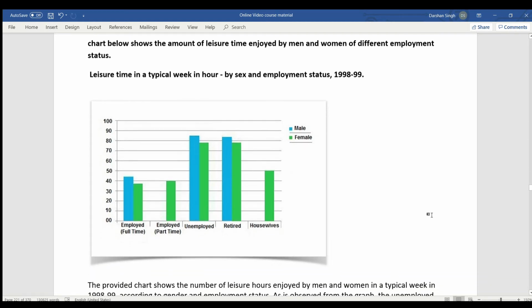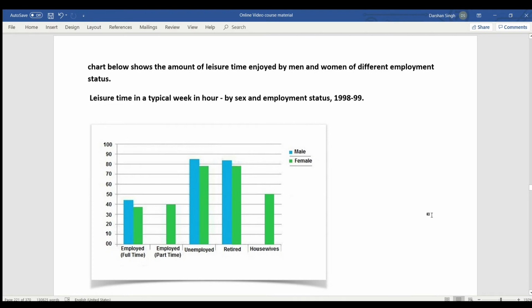So once you write the introduction, your next para is the overall. Now overall and overview is by a large number of students misrepresented, because they think that overall can be only written in the end. It's not like that. Overall and overview means that you are just summarizing the whole graph.